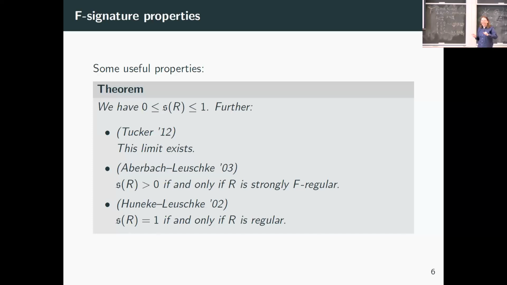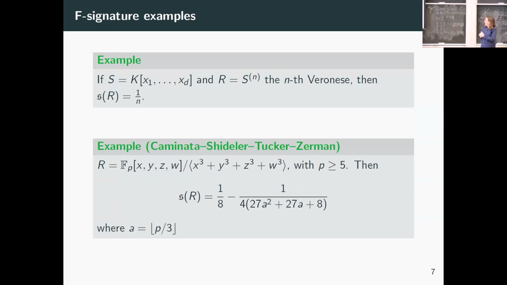Other questions? Okay, well, I should give you some examples. Maybe a nice simpler example is if I have a polynomial ring, the nth Veronese, the F signature is 1 over n. And so thinking of the interpretation I just said, the higher n you're taking a Veronese with, the more singular your ring is in some sense.